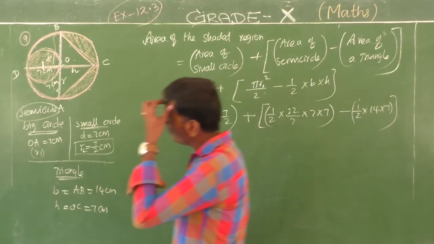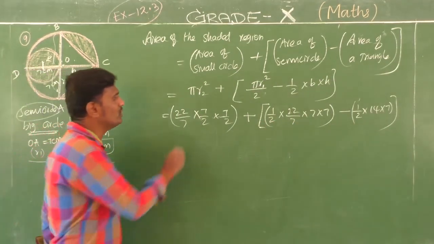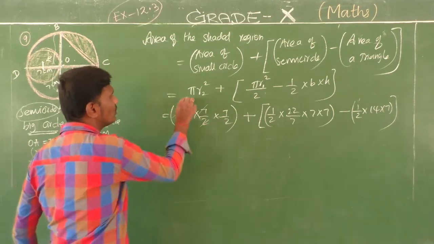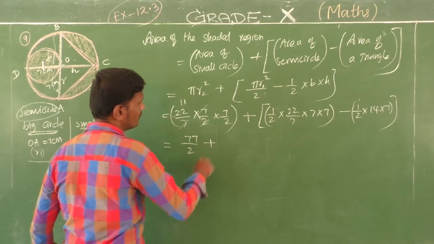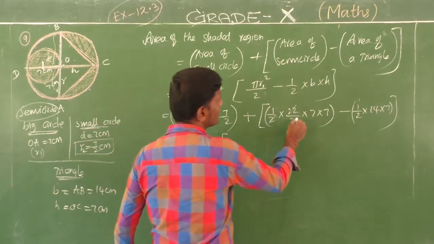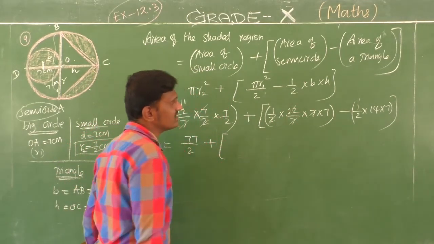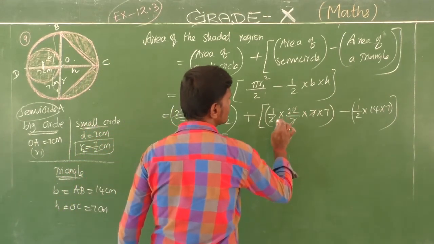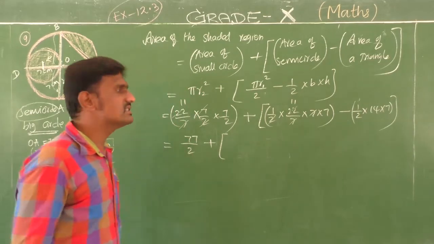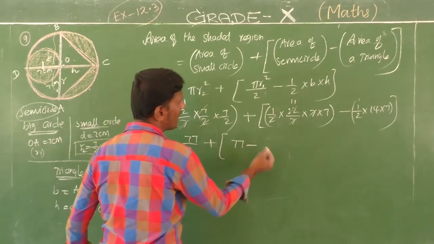Now the simplification, listen carefully all of you. 7 7 cancel, 1 2s are 2, 11 2s are 22. So 11 7s are 77 by 2, plus. Here 2 2 cancel, 7 7 cancel, remaining is 11 7s are 77, minus.